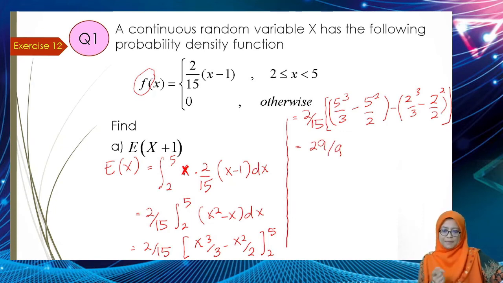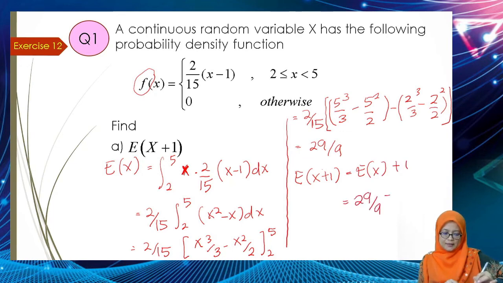Okay, so then baru kita tengok kita nak cari expectation of X plus 1. So apply the properties. So ini akan jadi expectation X plus 1. So expectation X yang kita dah dapat is 29 over 9 plus 1. So kita simplify dapat 38 over 9.